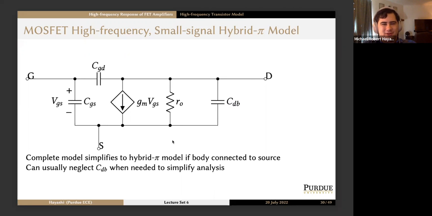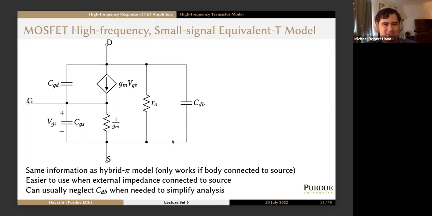Now, for those of you who aren't hybrid pi purists, we also have our high frequency small signal equivalent T model. Again, same information as the hybrid pi model. Some people don't believe me about this, but yes, you will get the exact same accuracy of answers when you use the equivalent T as the hybrid pi model. And again, this only works if the body's connected to the source.